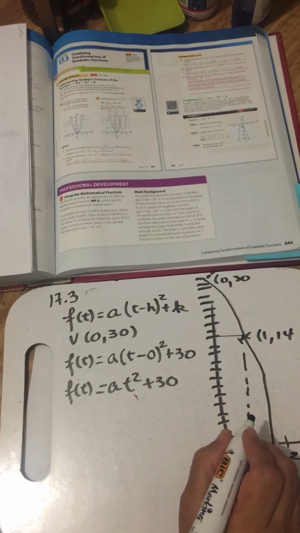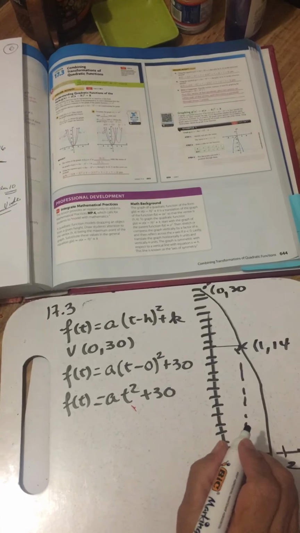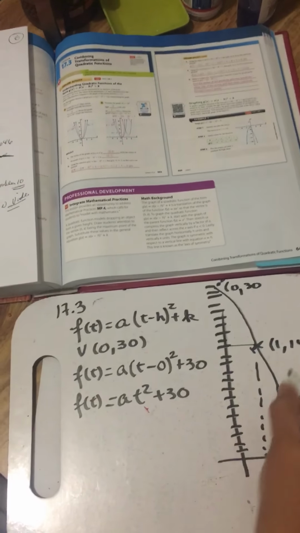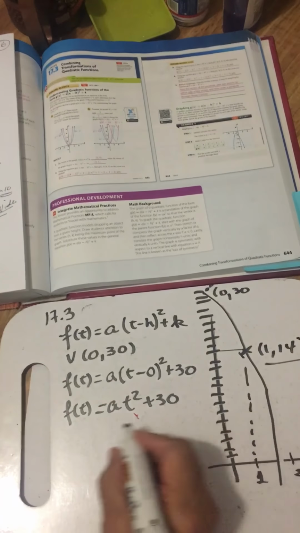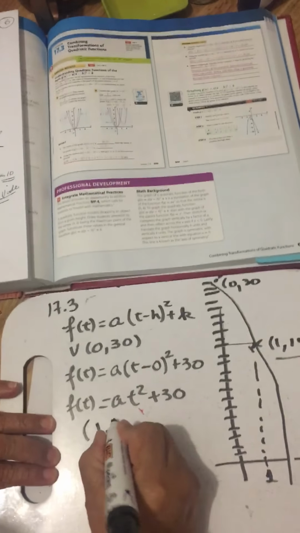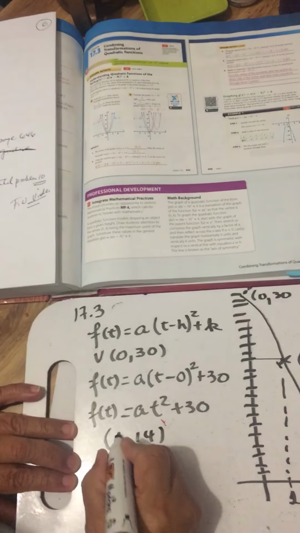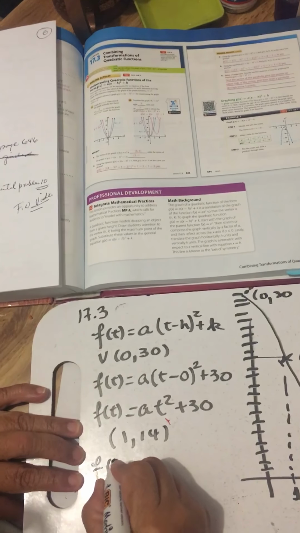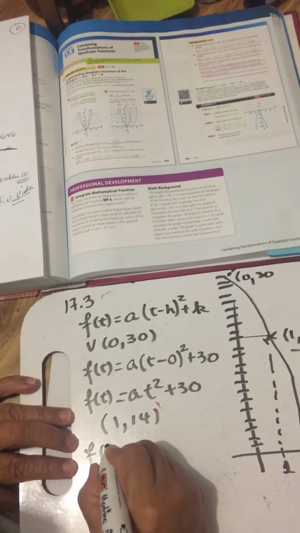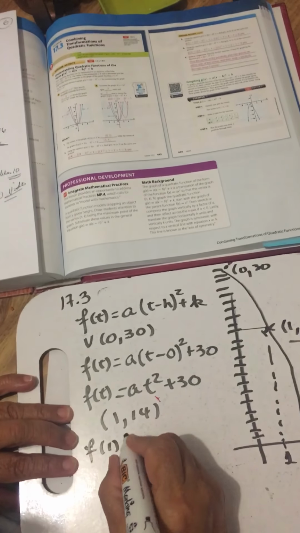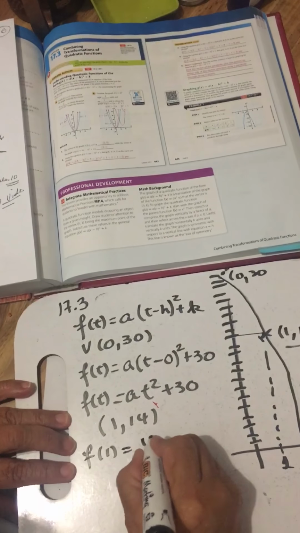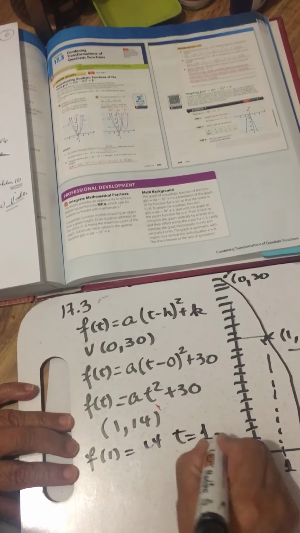That's right. Now we know a point of that equation, that is the point 1, 14. Then I substitute the point 1, 14, but it's f of 1 is 14 and t is going to be 1.